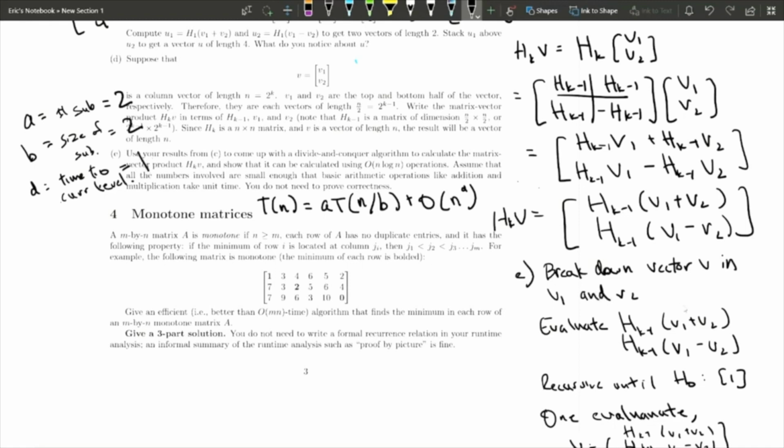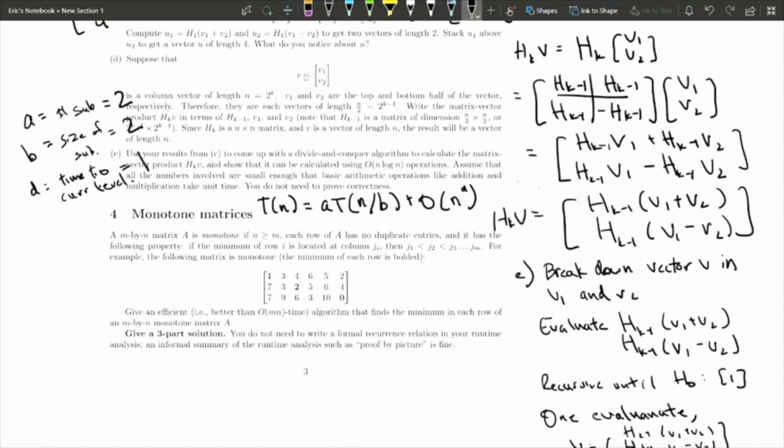The reason for that is for this subproblem, we have to evaluate V1 plus V2. If you recall, the size of V1 and V2 is n over 2, so we're adding two vectors of size n over 2, and that's O of n over 2 time, which we can call O of n. So O of n is n to the power of 1, which is why d is 1.